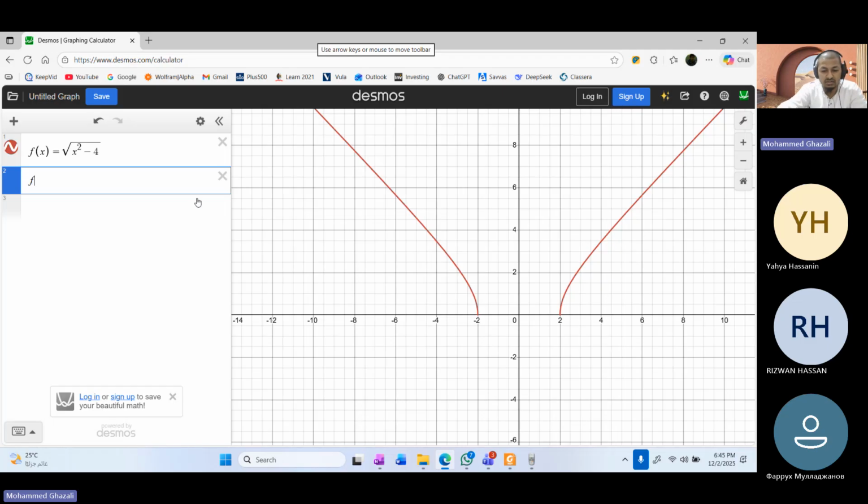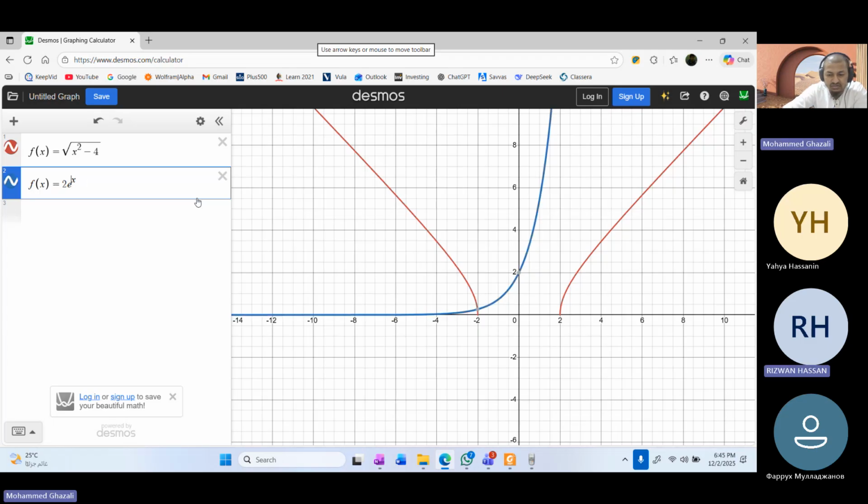You also need to look at power functions. f of x is equal to maybe 2 times e to the power x minus 2. Why is it going like that?